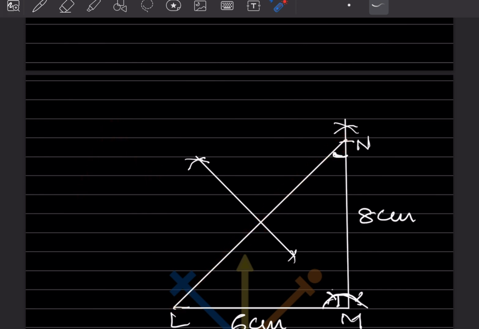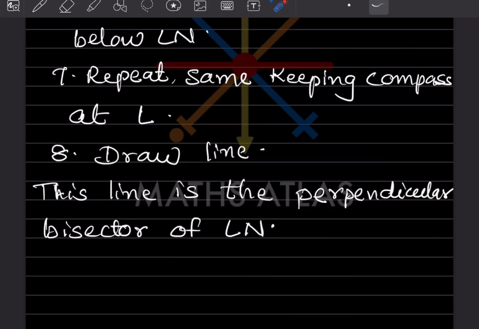You will keep the compass over here, take more than half and draw an arc over here and here. Again, the same distance, whatever you have taken, you will draw an arc over here and here. So now these are the points of intersection, and then you are going to draw a line.